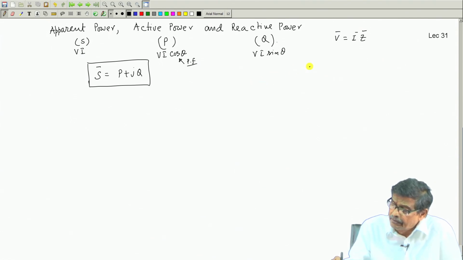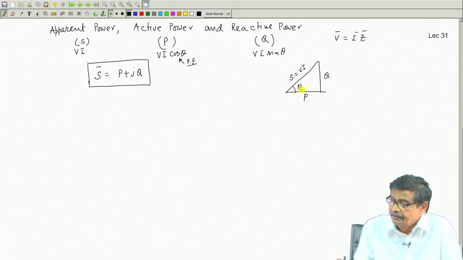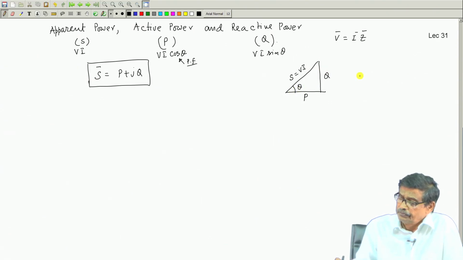If you make a right angle triangle like this, where this is your S equal to V I, and this is the power factor angle of the circuit, then this must be P and this must be Q, because V I cosine theta is P and V I sine theta is Q. So for obvious reasons this triangle is always helpful.